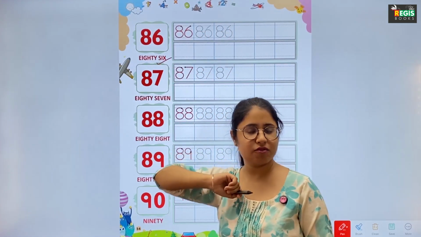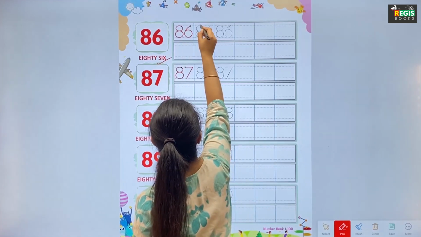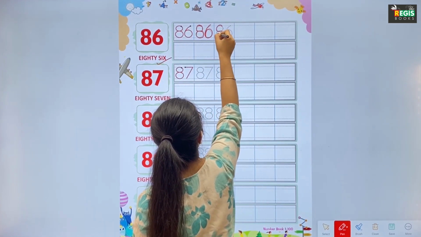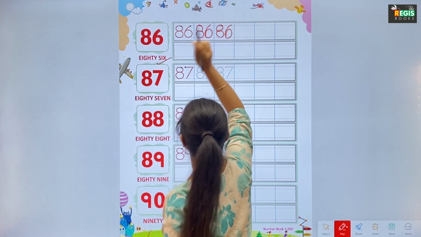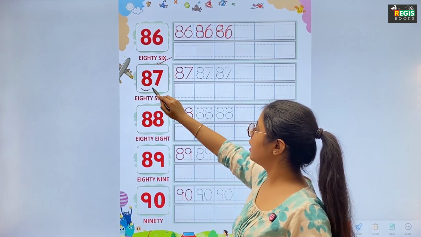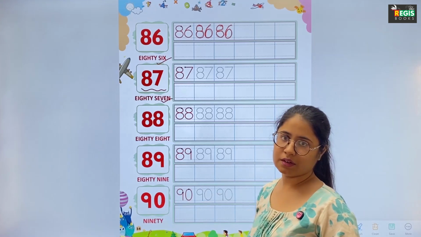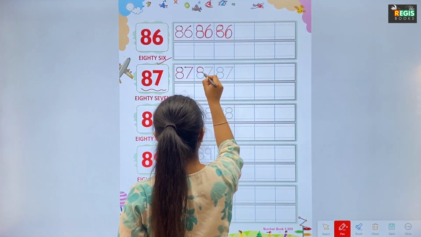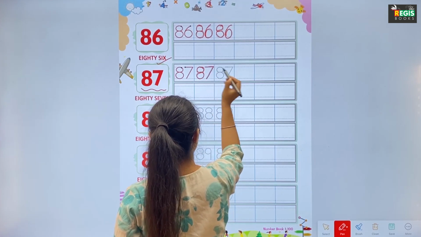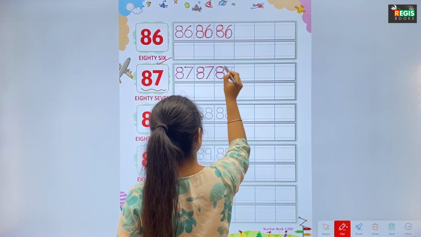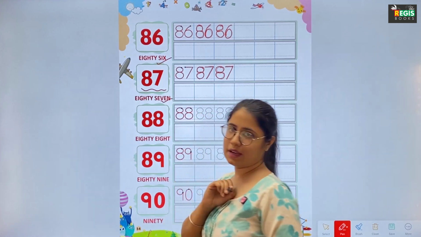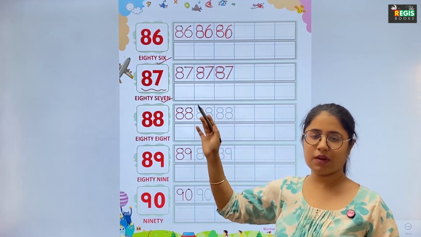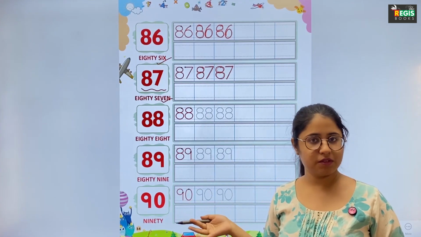Let's trace with me. 86. 87. 8 and 7 together. 87. So kids, now you will practice 86 and 87 by writing in their respective boxes.